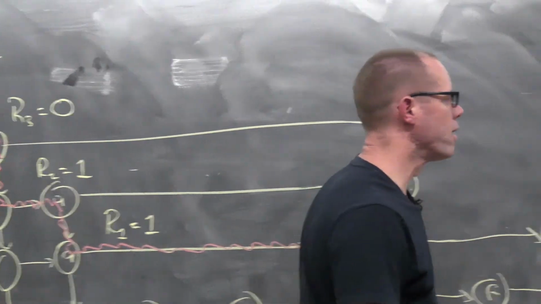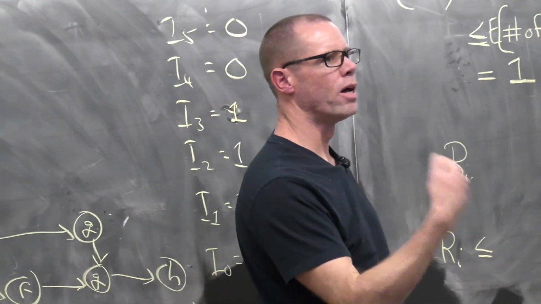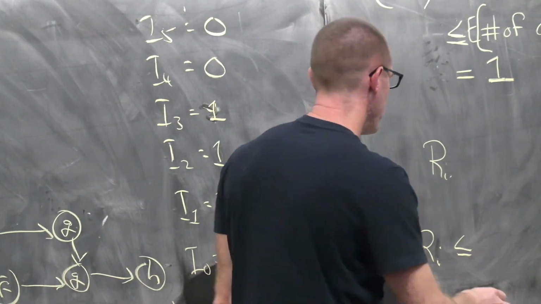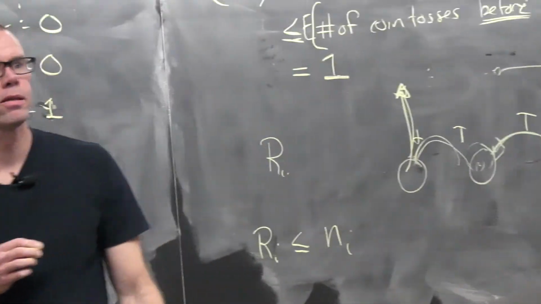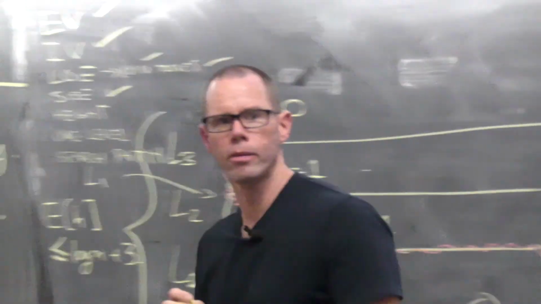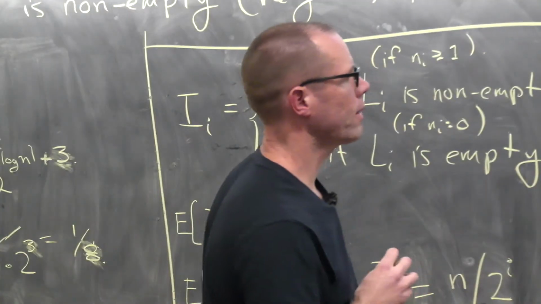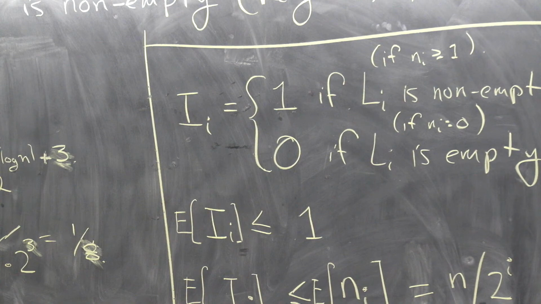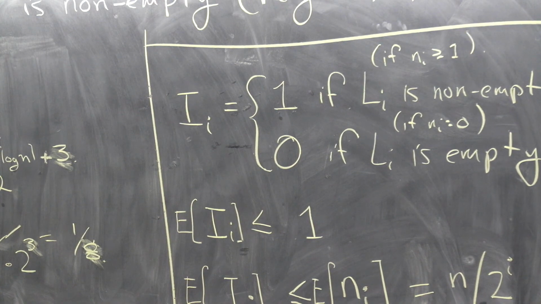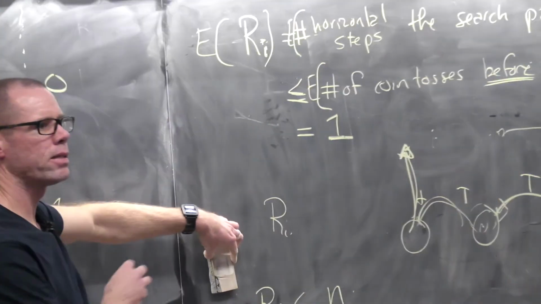So something else I can say about the number of horizontal steps is that it is at most the number of elements in the list, right? So we proved that the expected number of horizontal steps is less than or equal to 1. But something else that's trivial is it's less than or equal to the number of elements in that list.